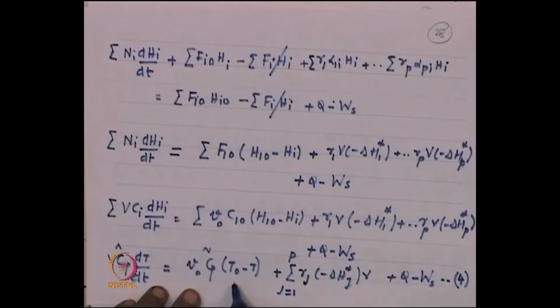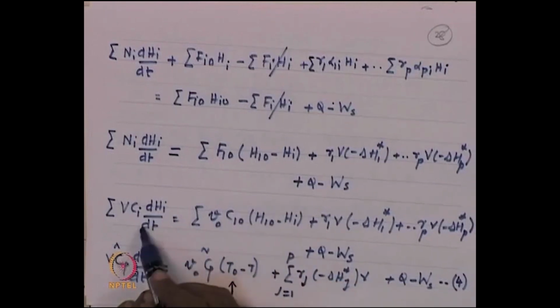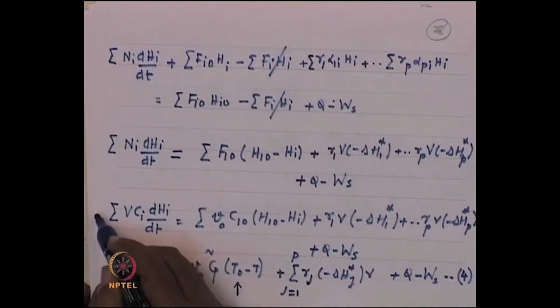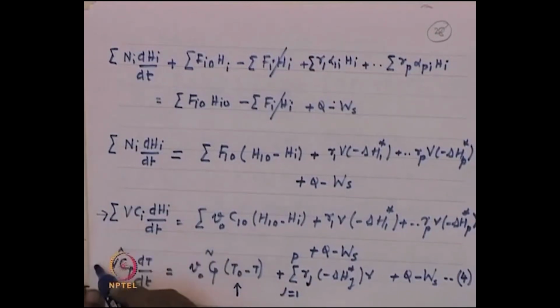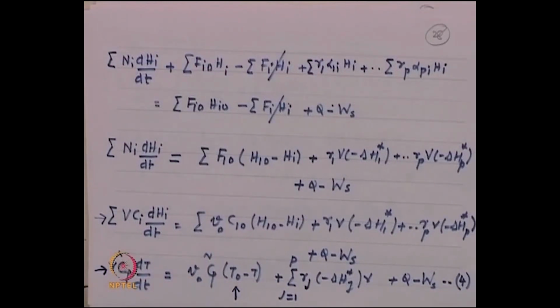So, all the feed is coming at the same temperature, this is the assumption, but in this form it is not so bad, because that effect is there. In this form you can deal with different components coming at different temperatures, but from this point to this point all the components are coming at the same temperature. So, whether you use this or this depends upon the application you are looking at, that you should take care.